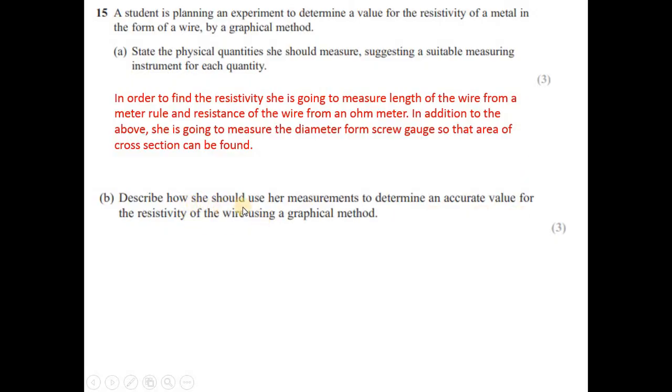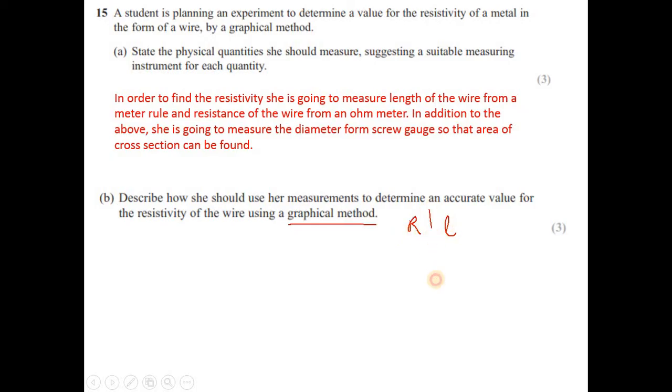Describe how she should use her measurements to determine an accurate value for the resistivity of the wire using a graphical method. So the idea is, if she needs to use a graphical method, she's going to take multiple readings of resistance and the corresponding length values.